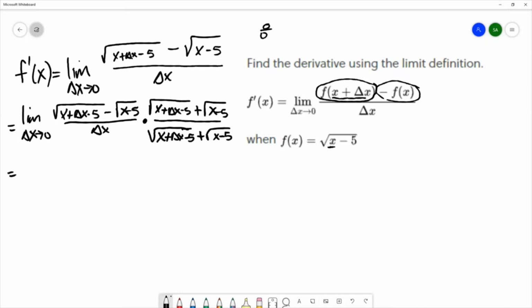So then I'm going to do some simplifying. And in the denominator, I'm going to leave the expression in factored form because I'm hoping that that delta x will eventually cancel out. So I want to leave it in that factored form.